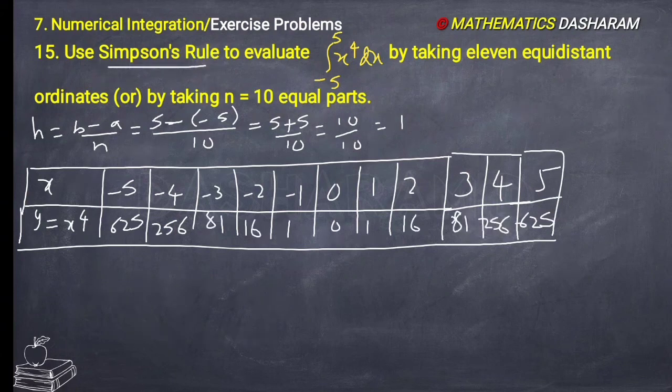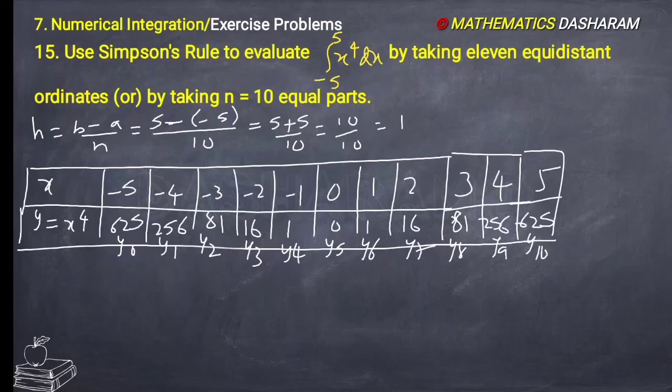So he is asking for Simpson's rule. So integration from minus 5 to 5. First of all, let us denote the ordinates y0, y1, y2, y3, up to y10.